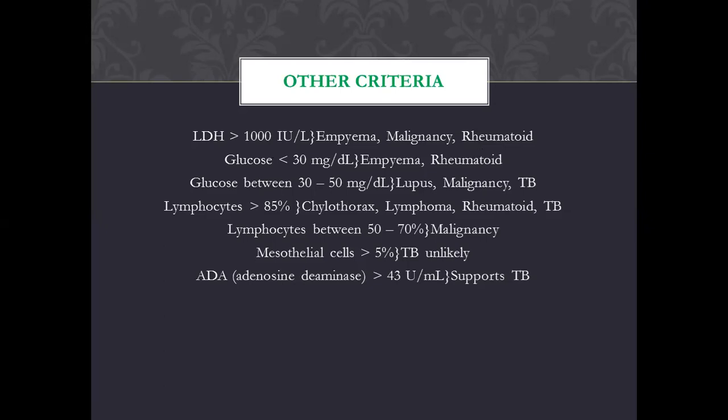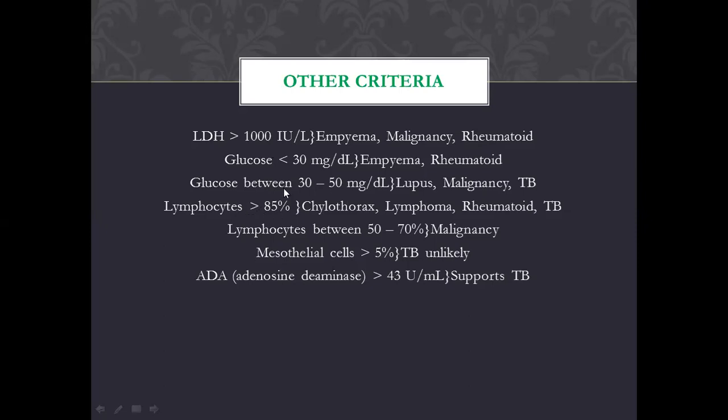If the glucose is less than 30 milligram per deciliter, it shows empyema. The differential diagnosis will be empyema and rheumatoid arthritis. If the glucose is 30 to 50 milligram per deciliter, the differential diagnosis includes lupus erythematosus, malignancy, and pulmonary tuberculosis.